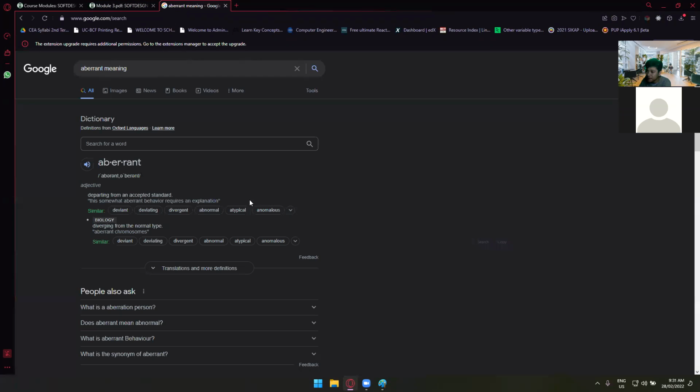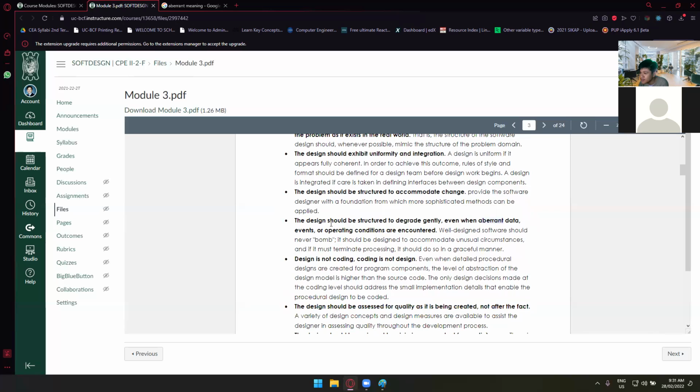So away from or departing from an accepted standard, or diverging from the normal type. In other words, this is normal and then it just moves right here a little bit, so maybe not that normal or not within the standard. Okay. So the design should be structured to degrade gently. Well, this one's kind of similar to the previous one, wherein I've explained the advantages of structured.